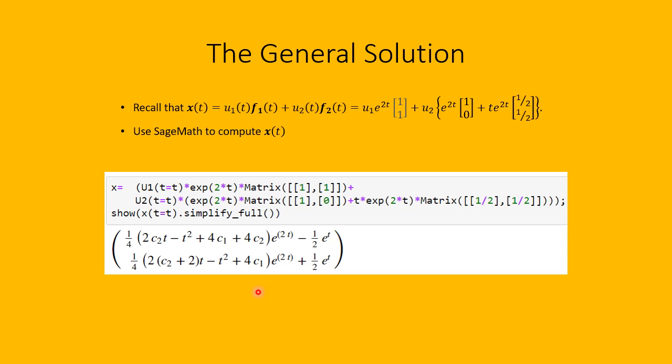But at this stage, we have displayed a purported and alleged solution to our problem. It would be nice to check to see if this vector valued function, x of t, actually solves that non-homogeneous differential equation. So let's see what we can do with that.